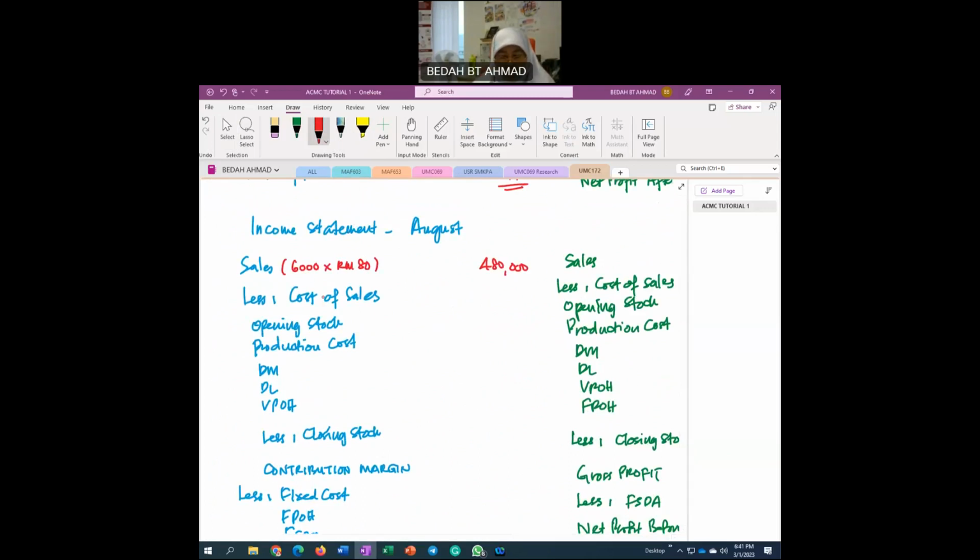So less cost of sales, opening stock, so is the 40 multiplied by the 4,000. Okay, 4,000 multiplied by RM40, so it is 160,000.